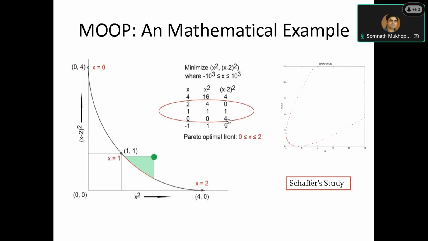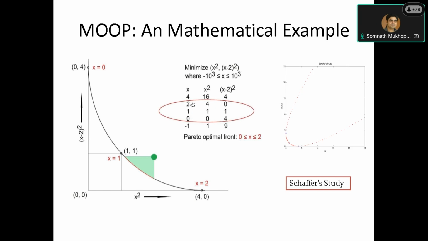When x is 1, the corresponding x square value is 1 and (x minus 2) whole square is 1. And when x is 0, it is 0 and 4. So in these three cases, we can see they are incomparable. For 0, 1 and 2, these three values are the minimum.